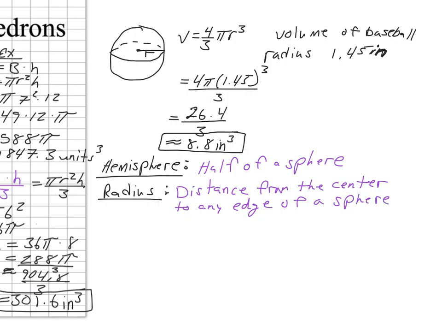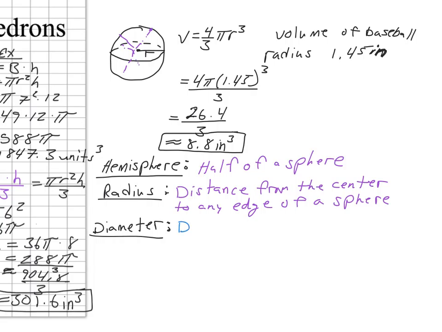It doesn't matter if I draw the radius flat, or up, or over here, or going backwards to that dashed line, or coming down, or connecting to some point in Never Never Land on the other side of that sphere. As long as it connects with some outer portion of the sphere and starts at the center, that's the radius.